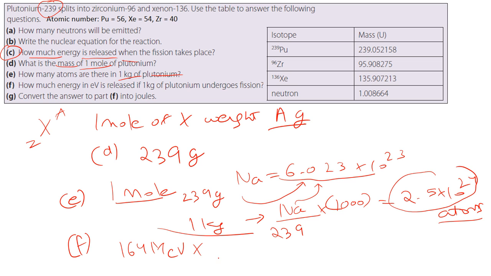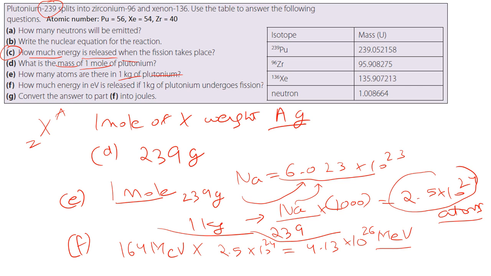So we multiply that by the number of atoms, 2.5 × 10^24. If we solve this, we get 4.13 × 10^26 mega electron volts. That is the answer to part F.